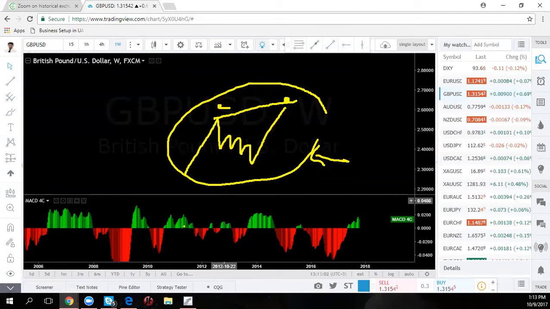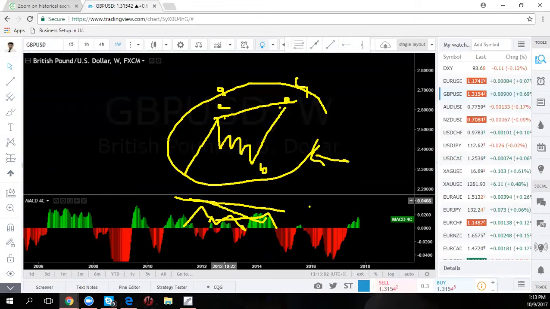So let's assume that between this one and this one we have divergence. If there's divergence between the two impulses, we would label this A, B, C.